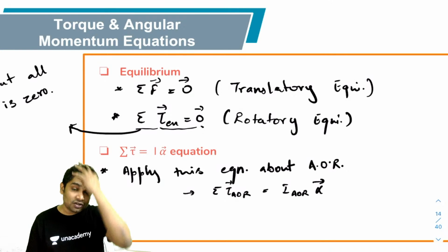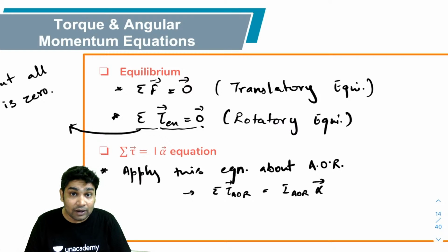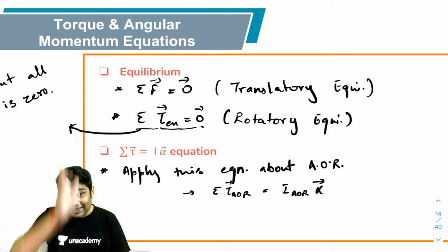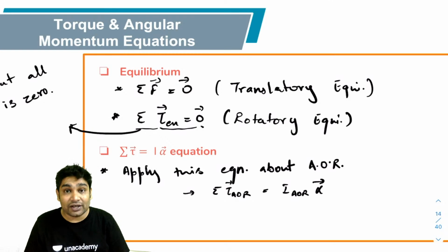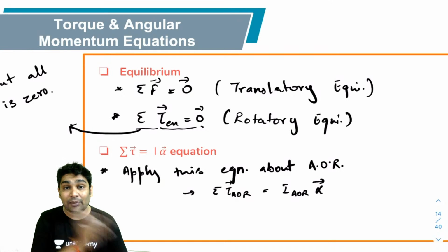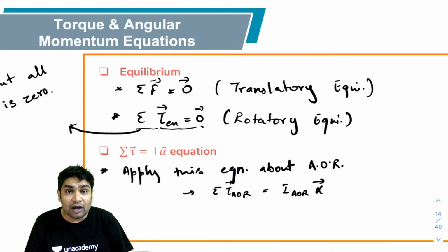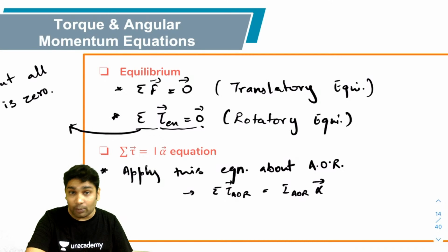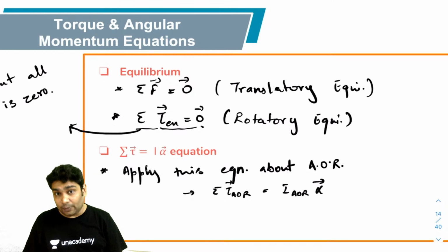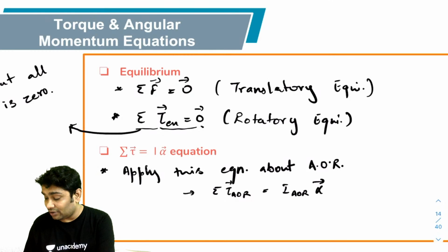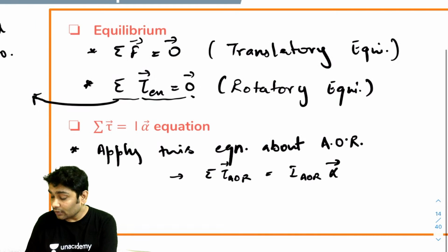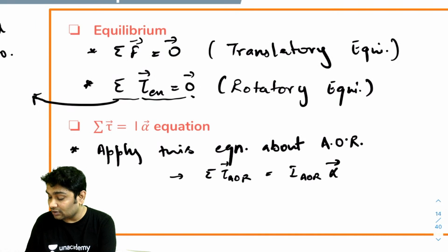First, any point on the axis of rotation is going to be an inertial point. If you choose some other point than the axis of rotation and try to apply the tau equals I alpha equation about it, then you need to be careful whether your point is inertial or not. You can also always apply this equation.